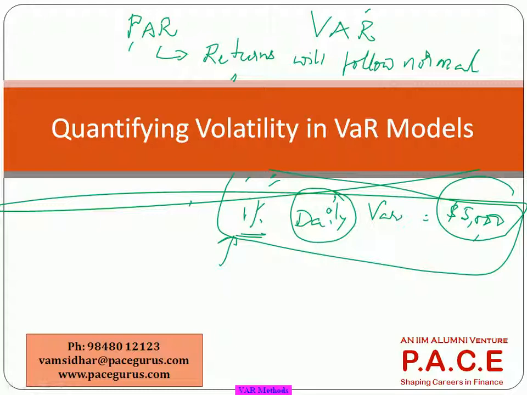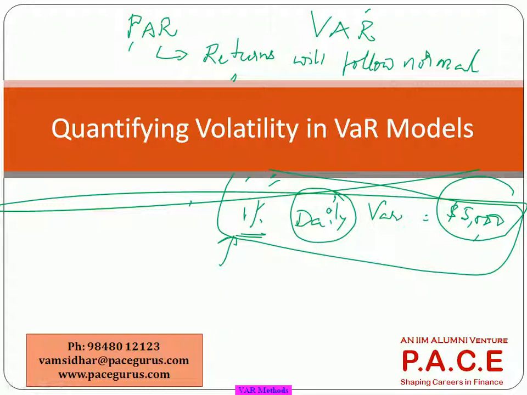Under the assumption of returns following a normal distribution, the parametric mechanism of approaching your VAR will decide what is that particular amount, which is the cutoff point where the loss beyond that, the chance is only 1%.